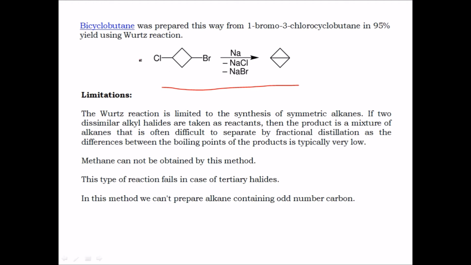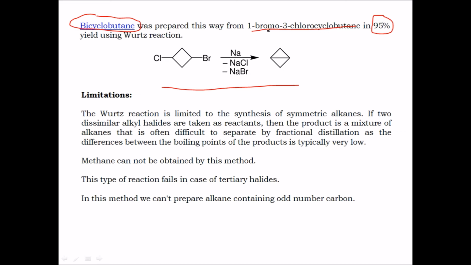So this is conversion of 1-bromo 3-chloro cyclobutane into the compound obtained, which is bicyclobutane. As you already know, cyclic compounds are difficult to prepare, right? So this method is the best way to get this compound bicyclobutane, because you're getting 95% yield here by Wurtz reaction.